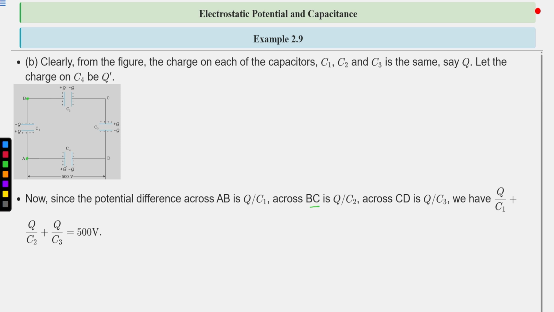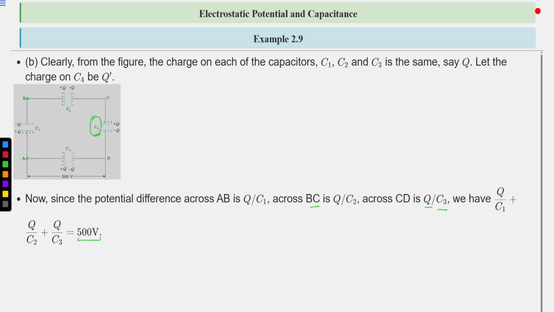Across CD, meaning across the plates of this C3 capacitor, the potential difference is Q by C3. So we have Q by C1 plus Q by C2 plus Q by C3 equal to 500 volt.